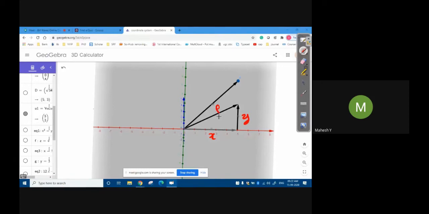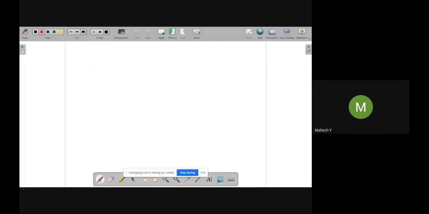What is the relation between rho, x and y? So this is a right angle triangle. So from this one we can say that rho square is equal to x square plus y square, or rho is equal to square root of x square plus y square.